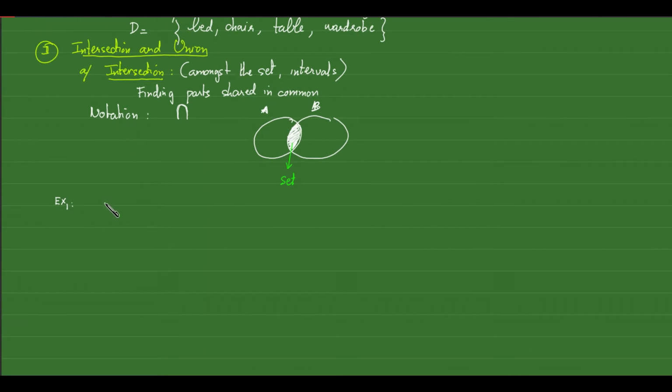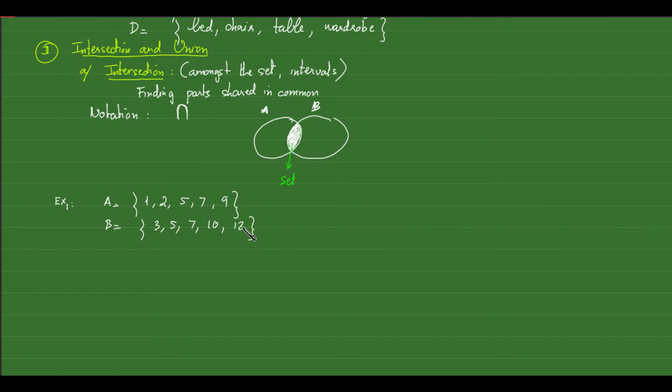What if I have two sets like this? Set A we have 1, 2, 5, 7, 9. And set B I have 3, 5, 7, 10, 12.